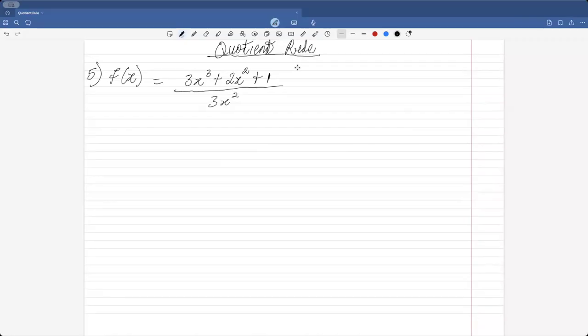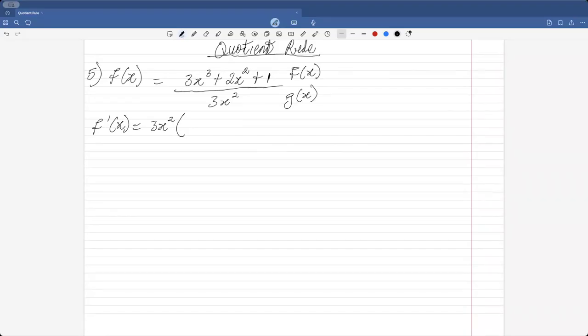So at this point, we have f(x), we have g(x). So let's say this f prime x, we have g(x) first, 3x squared.